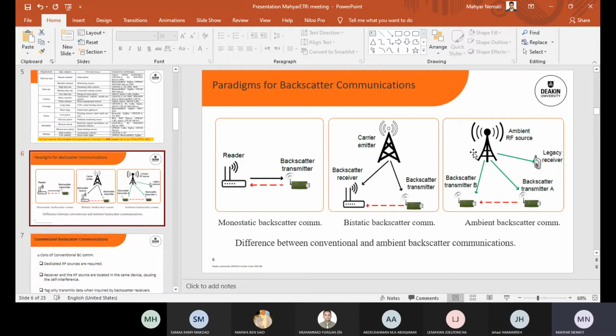So actually, what is backscatter communication? It's very important to know the basics. There are mainly 3 different paradigms for backscatter communication. The main backscatter technology that you face in your daily life is when you go to shop for clothes or different things from stores.